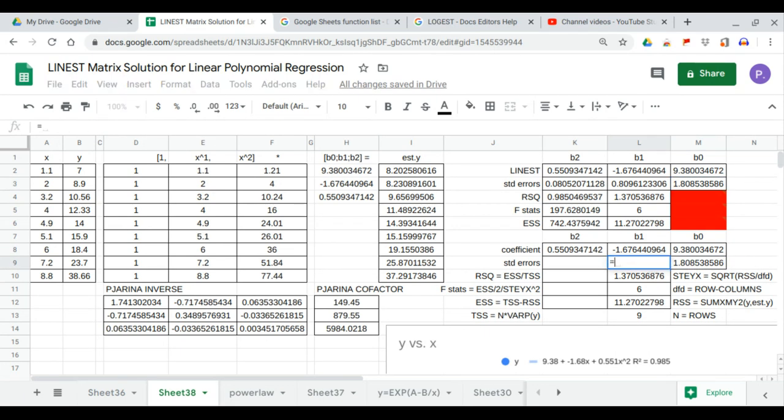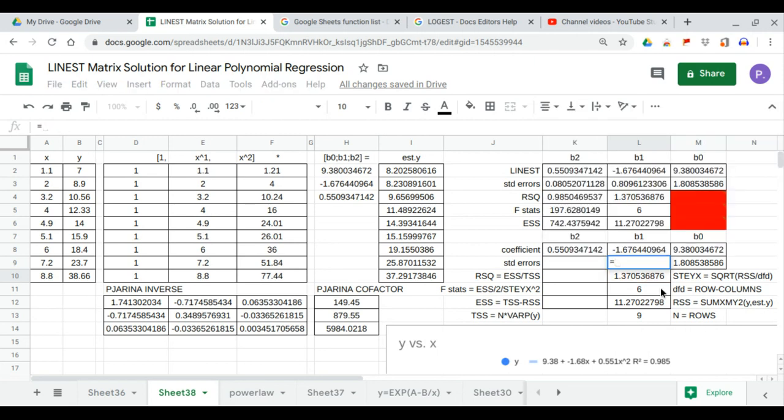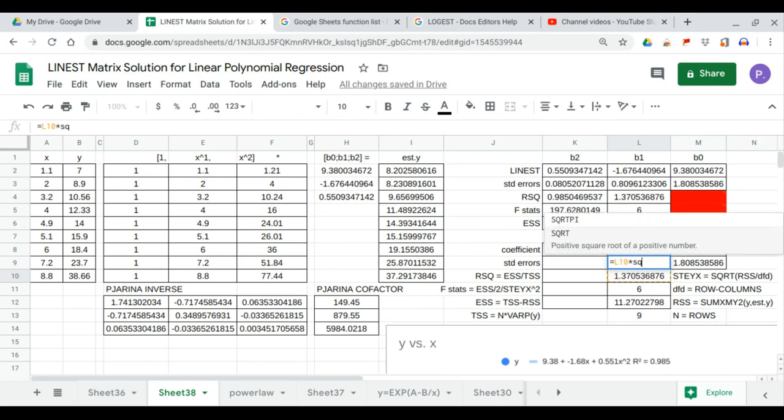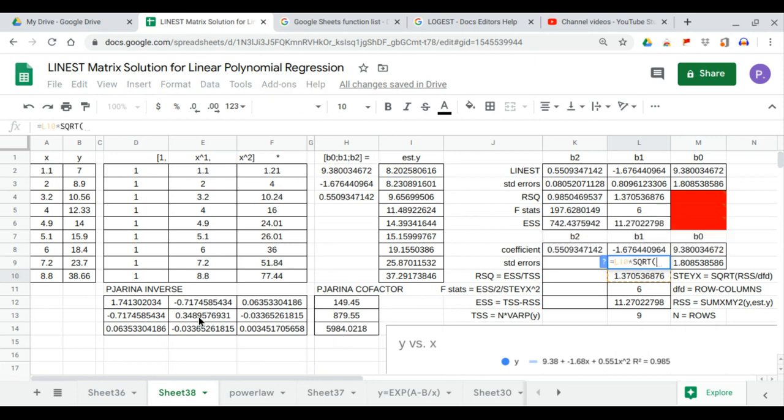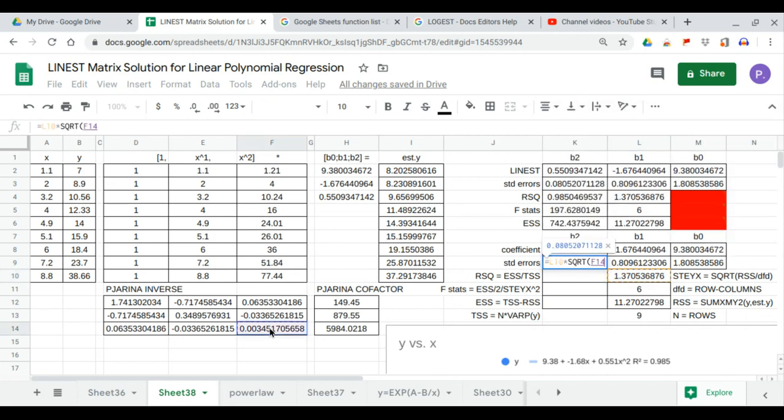And our standard error value for B1, which is the standard error of y times the square root of the second diagonal element, 0.80961, matches our LINEST output. Then the standard error value for B2, which is again the standard error of y times the square root of the third diagonal element, 0.0805, matches our LINEST output.